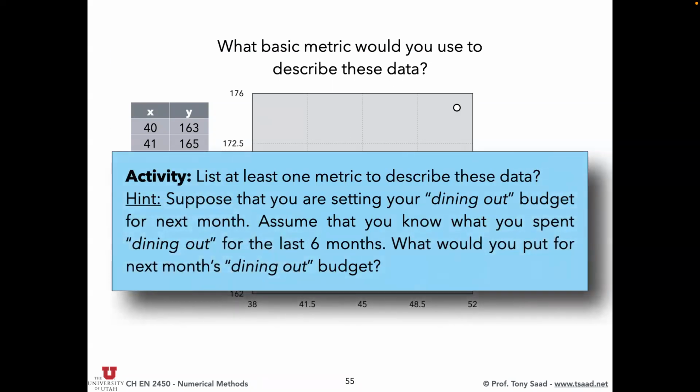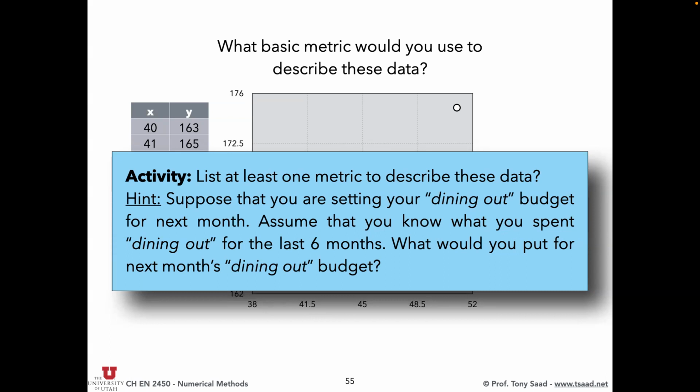My question to you is, given a set of data, femur height, etc., in the absence of your knowledge of anything about those data, I just give you data, what is the simplest piece of information you could give about those data? I'll give you a hint. For example, assume that you want to set your dining out budget for next month, and assume that you know what you spent for dining out for the last 6 months. What would you set for next month?